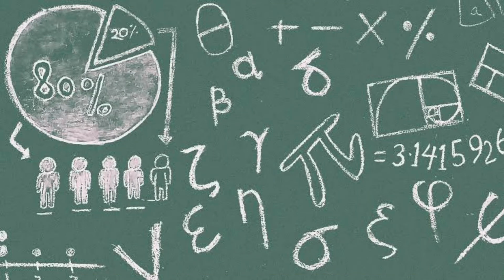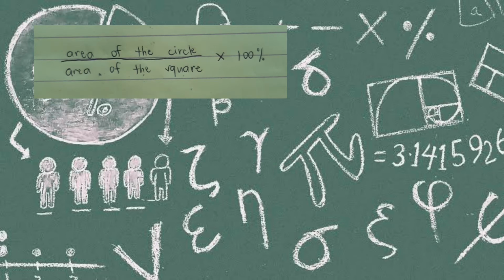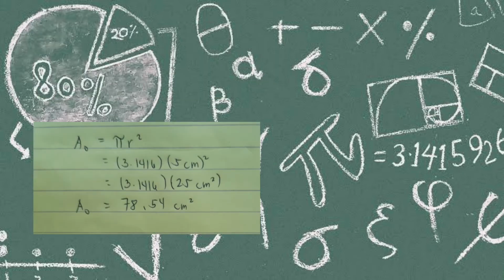Okay, so let's proceed to the solution. We have this formula: area of the circle divided by the area of the square multiplied by 100%. So, we have the area of the circle, which is equal to pi r squared, wherein our radius is equal to 5 cm and pi has a value of 3.1416. To continue, we will simply substitute the approximate value of pi and the value of the radius to the power of 2.